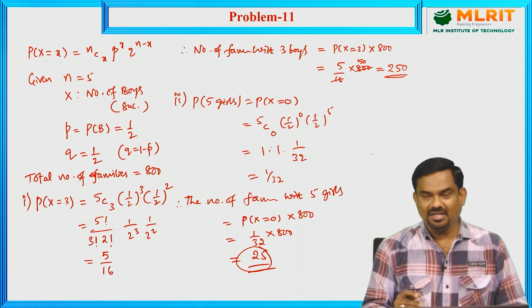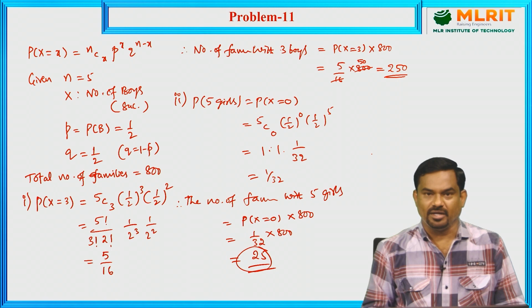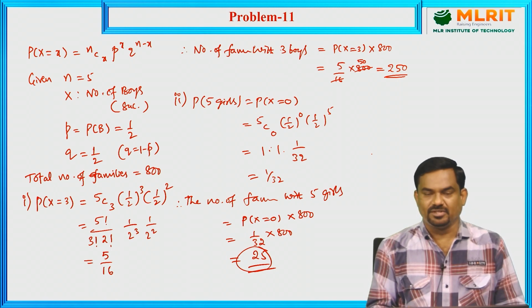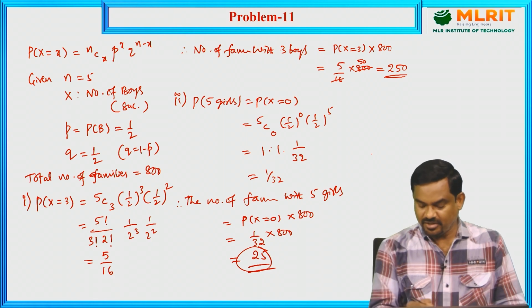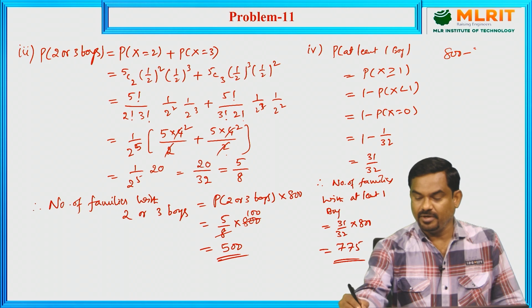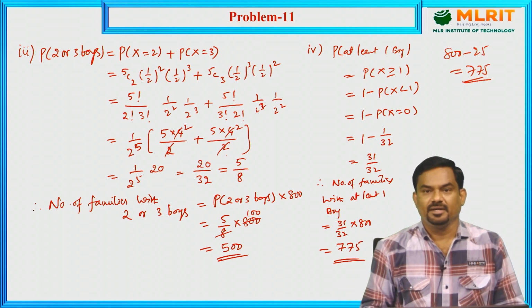So in all the remaining families there will be at least one boy. So simply we can calculate using this second problem itself. So total number of families 800 minus 25, which is 775. In 775 families there are at least one boy.